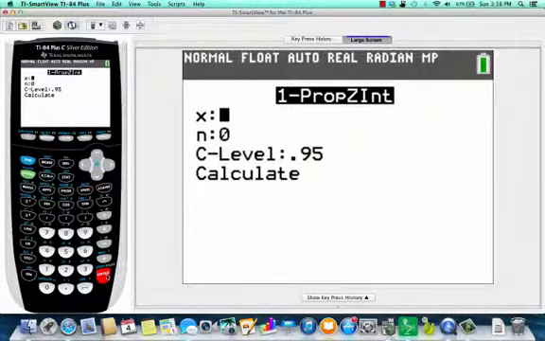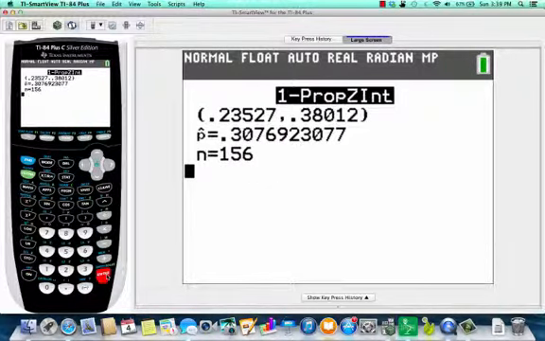Now, when we look at this, all it asks for is x, and that's the number that our sample showed. So from our sample, if you think back to our example, we showed that 48 out of a total of 156 who were surveyed update their Facebook status daily. Then it's going to ask you, what do you want your confidence level to be? We want to calculate a 95% confidence interval.